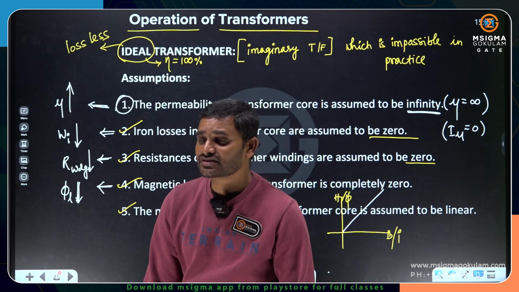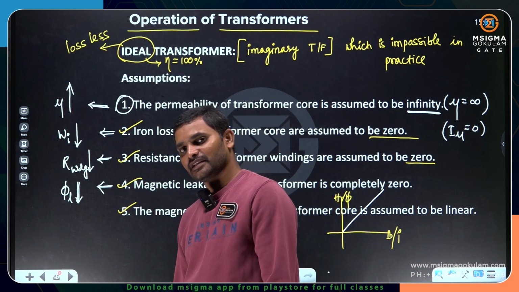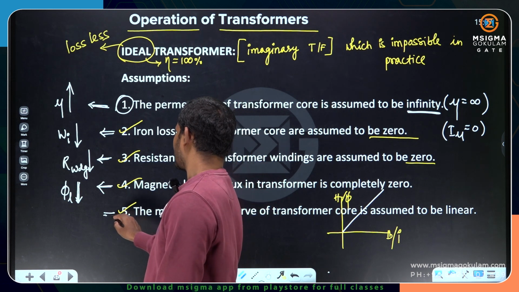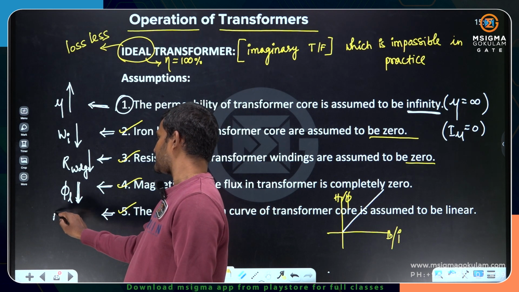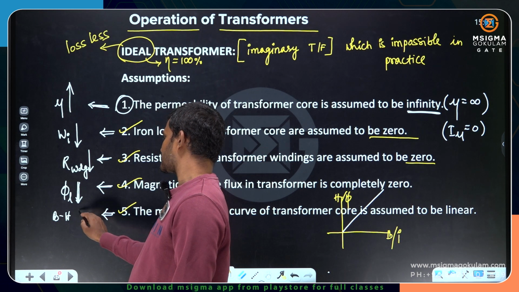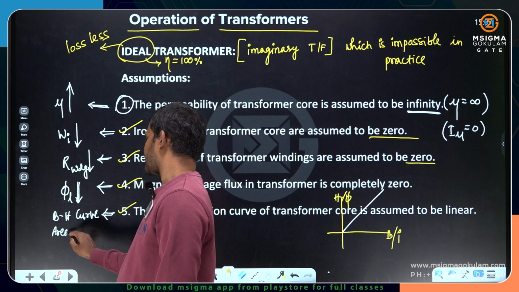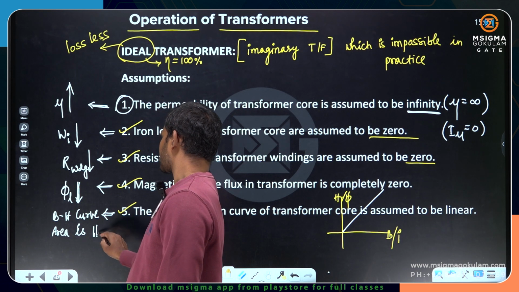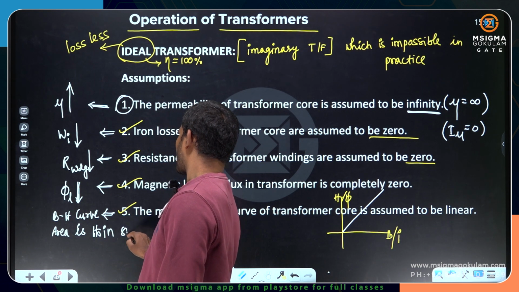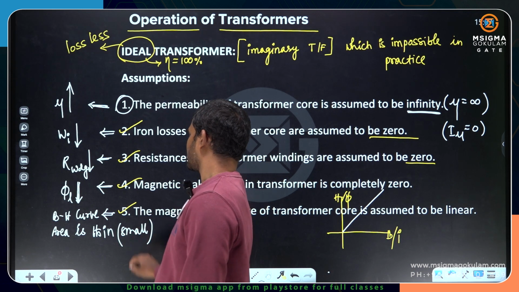The magnetization curve is not linear. Definitely it will be non-linear, and the BH curve should be a thin BH curve, with small area.